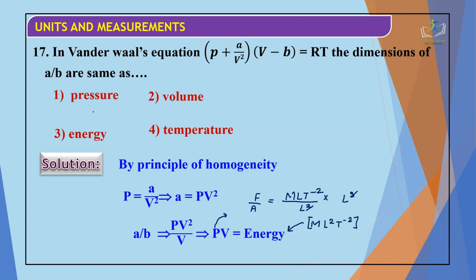Pressure is M L minus 1 T minus 2, volume is L3, temperature we can use K or theta, and energy we got M L2 T minus 2. So the correct answer for this question is energy.